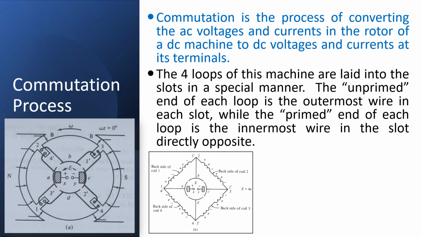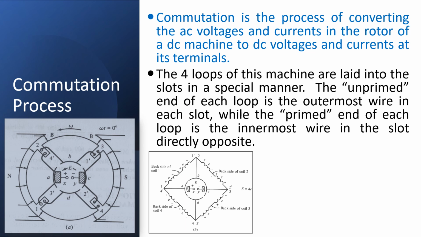For the commutation process, commutation is the process of converting AC voltage and currents in the rotor of the DC machine to DC voltage and currents at its terminal. So this process converts AC current and voltage into DC current and voltage in a DC machine.